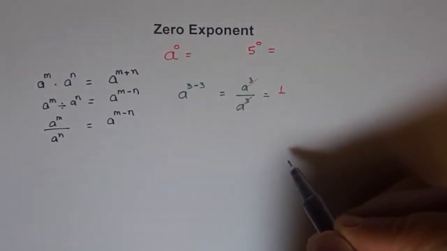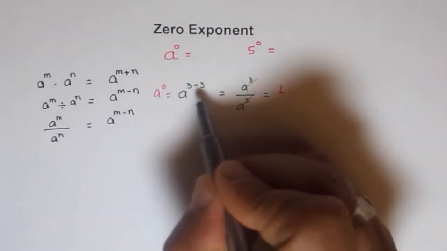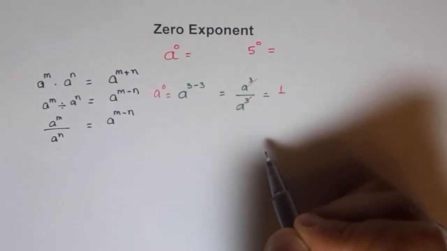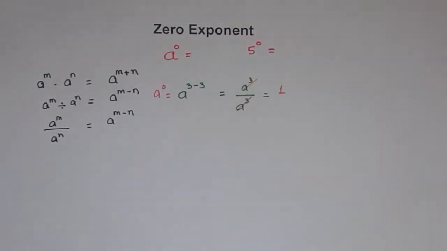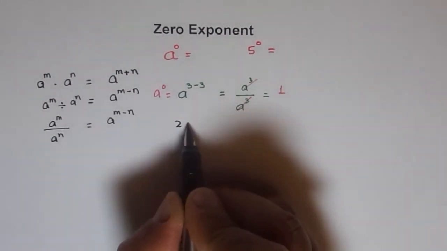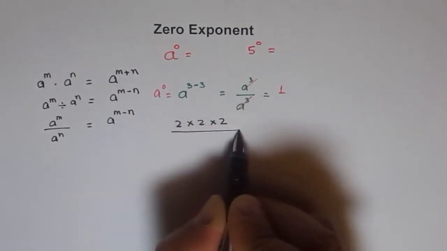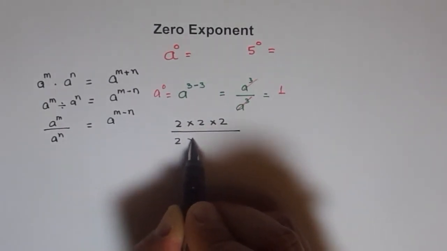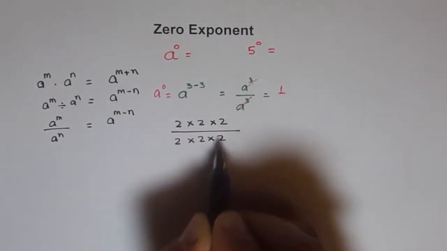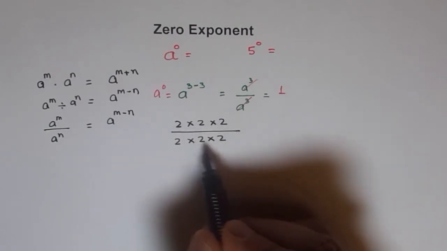Correct. Does that mean that a to the power of 0, because 3 minus 3 is 0, is equal to 1? Well, let's try it once again. This time, we will do it in a different way. Let's say we have 2 times 2 times 2 divided by 2 times 2 times 2. So it is the same number, 8 divided by 8. And what do we get?